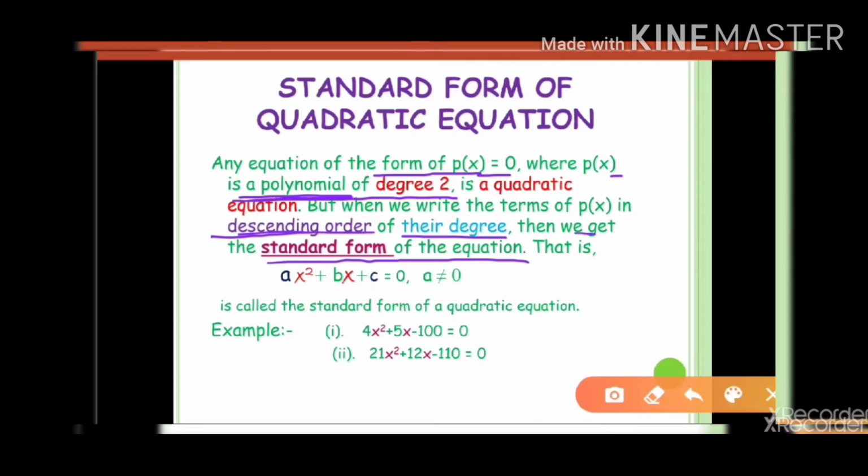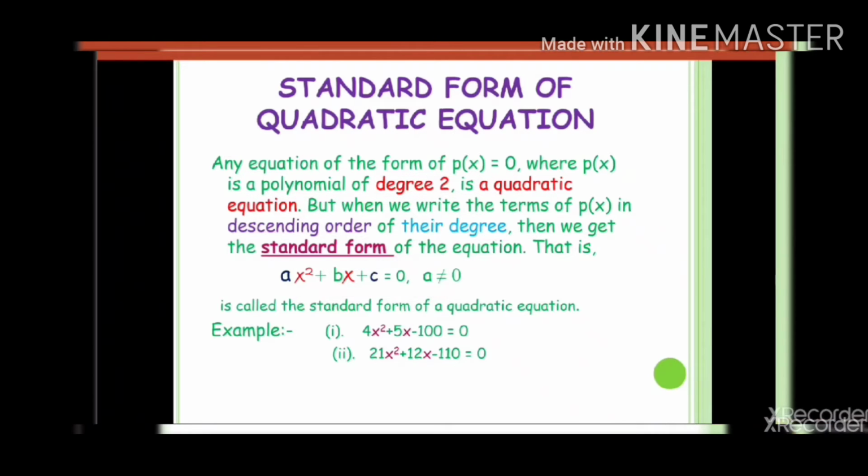The standard form of the equation is ax squared plus bx plus c equal to 0, where a is not equal to 0. Here, ax squared is a term of degree 2, bx is a term of degree 1, and c is a term of degree 0.